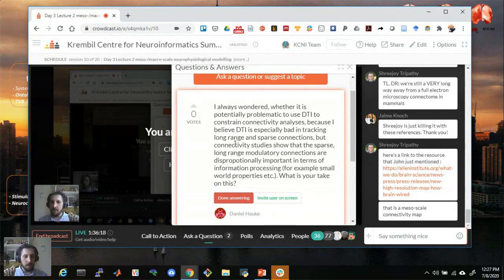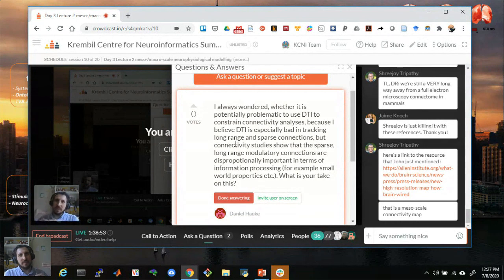So for connections that are separated by a long distance, they can be extremely weak in terms of the ground truth. And this is something that diffusion tractography reconstructions really can't capture. They can't give you 5 orders of magnitude in connection weights. They can give you maybe 2 to 3, and a lot of that is introduced by measurement processes.